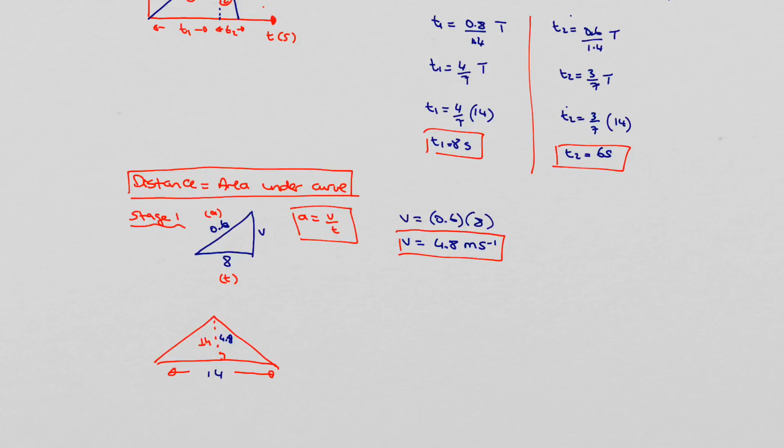So I simply have to go half the base by the perpendicular height, which gives us a distance of 33.6 meters. So in other words, the distance that the lift descends is 33.6 meters.